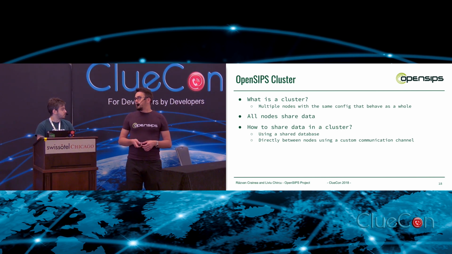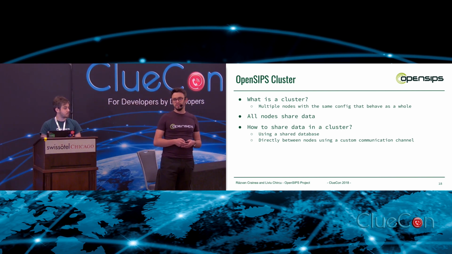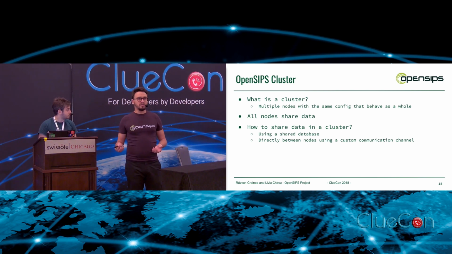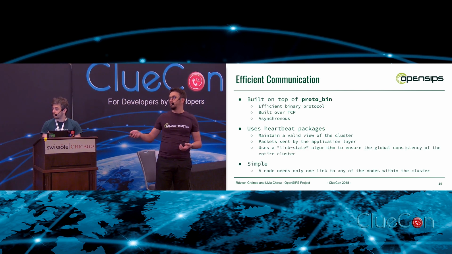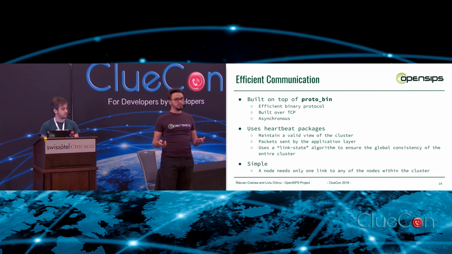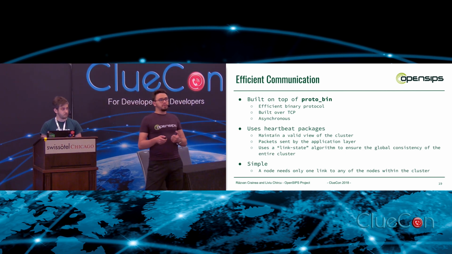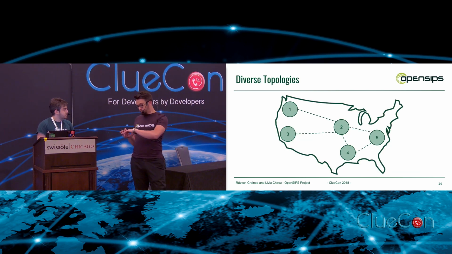All the nodes within the cluster share data, and although we've been doing this using databases, now we decided that databases are no longer very efficient, and we've done our own protocol that we think is very efficient because it's binary, it's based on TCP, it's asynchronous, you don't block trying to send data. It uses Heartbeat packages in order to ensure that everybody knows the entire topology.